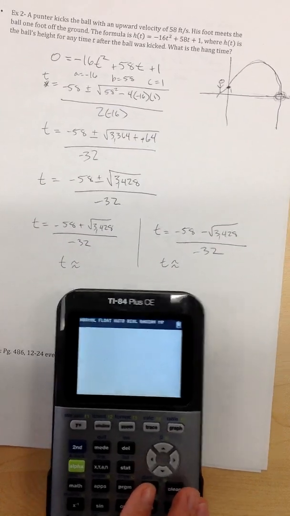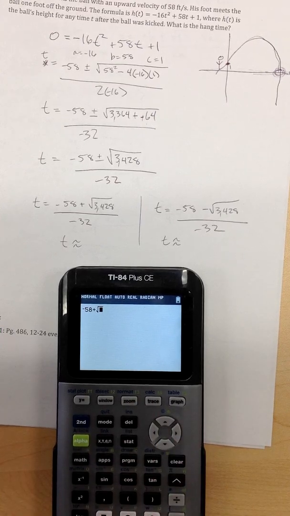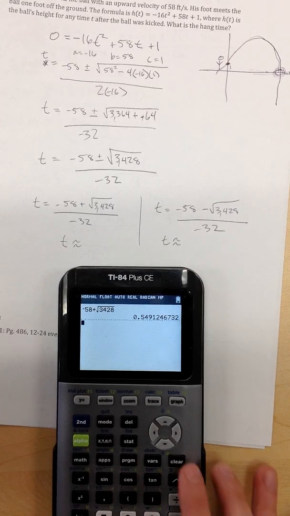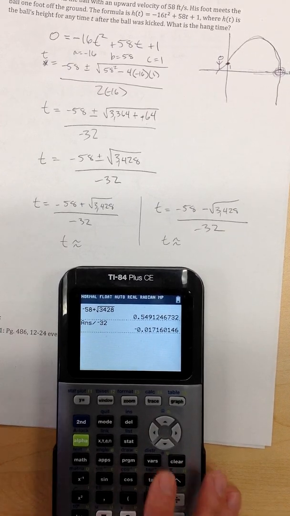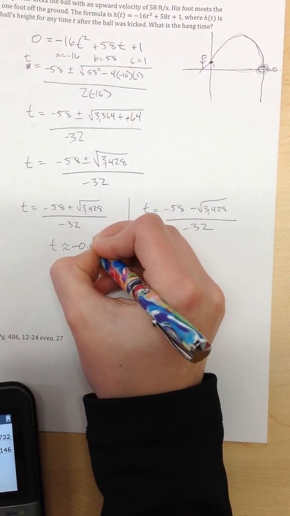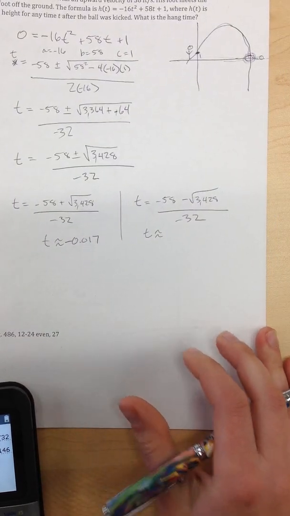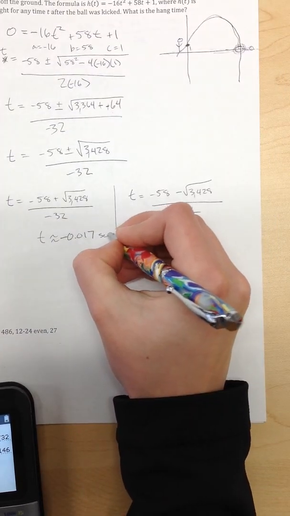Okay, so I'm just going to plug this all in here. So if I did negative 58 plus the square root of 3,428, I get that, and then if I divide that by a negative 32, I get a negative 0.017, we'll go 3 positions there, and that would be seconds.